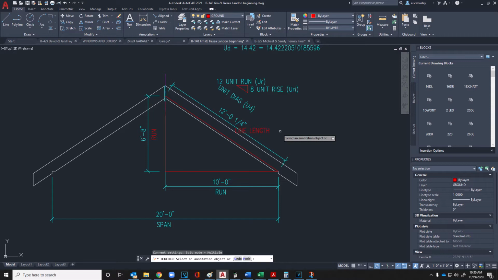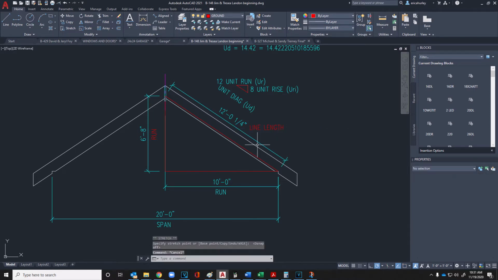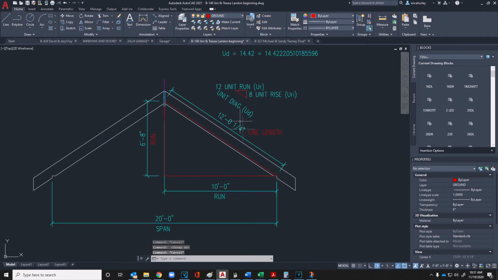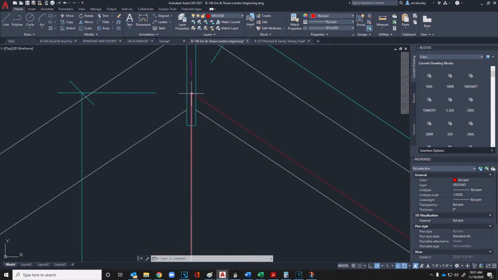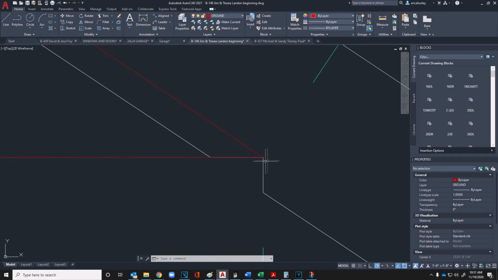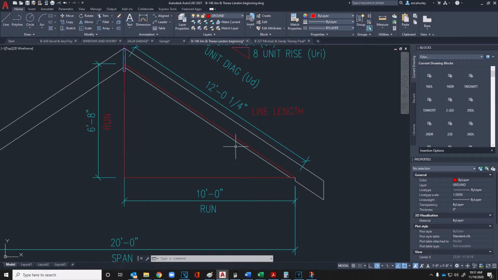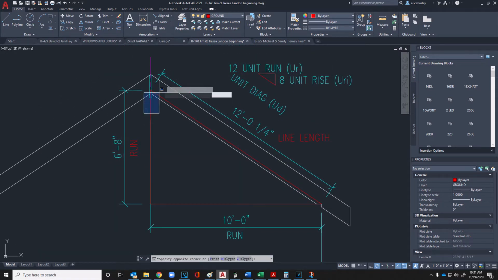There, much better. All right, this is called the line length. Even though it is a diagonal, it is the line length from the center of our roof to the bird's mouth.